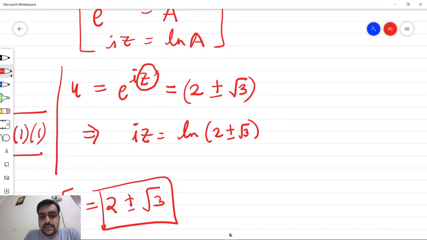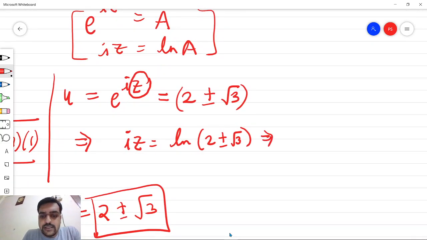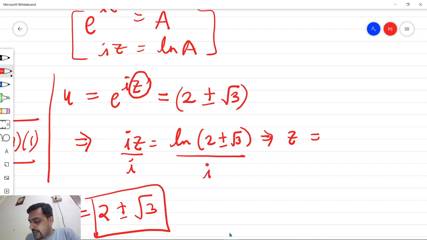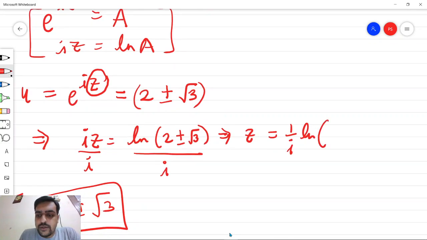Now if we rearrange this, we can divide throughout by i and get an expression as z equal to 1 by i log of 2 plus or minus root 3.